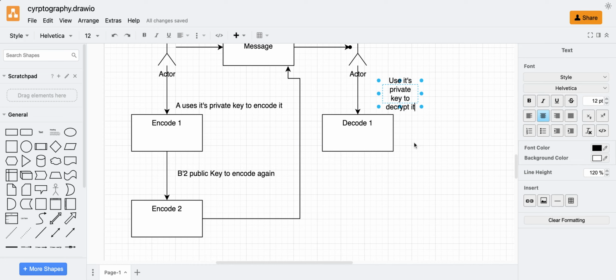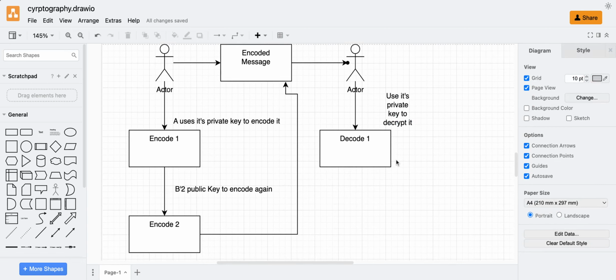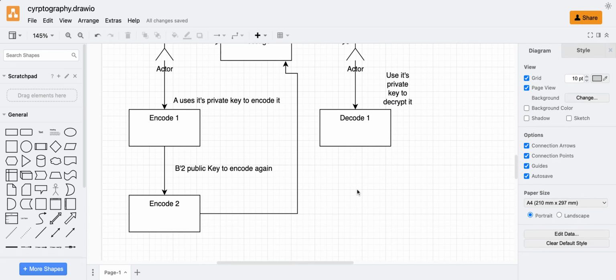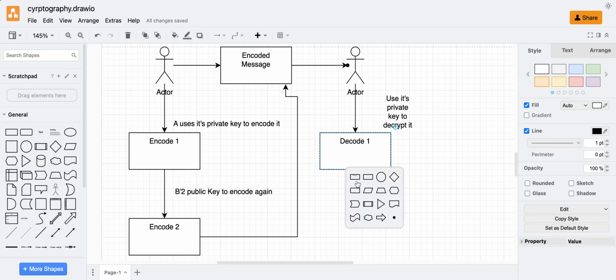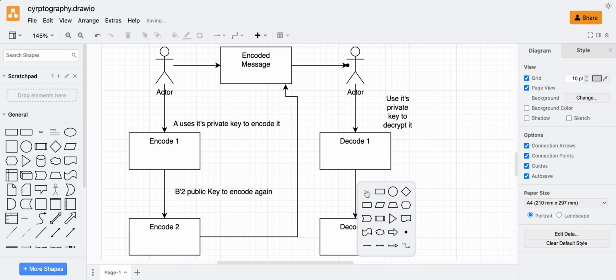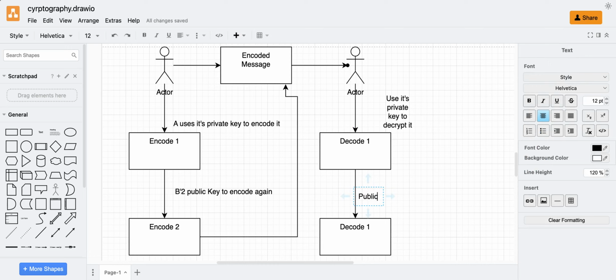Now it can decrypt it only because for the second encryption B's public key was used, so it can be decoded only with B's private key. So B uses its private key to decrypt it. Now it will use the public key of A to decrypt again.